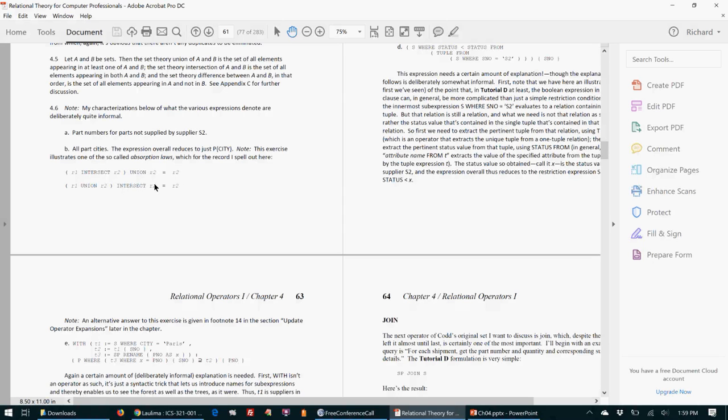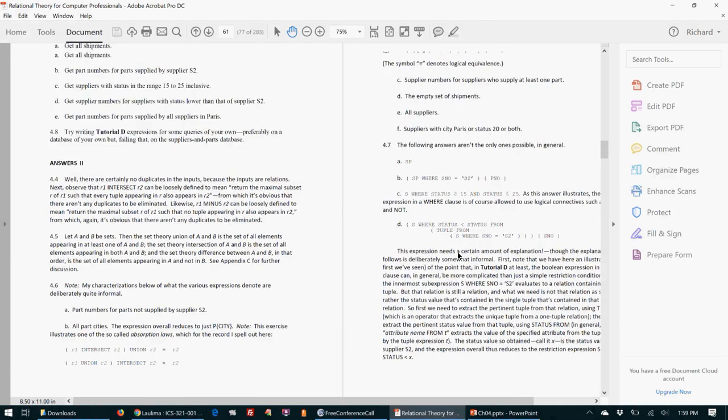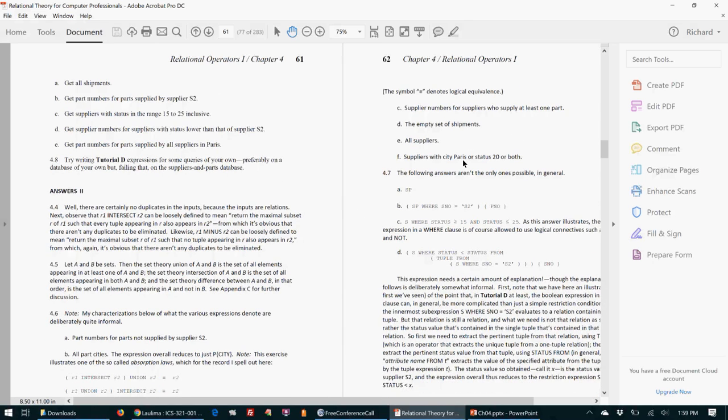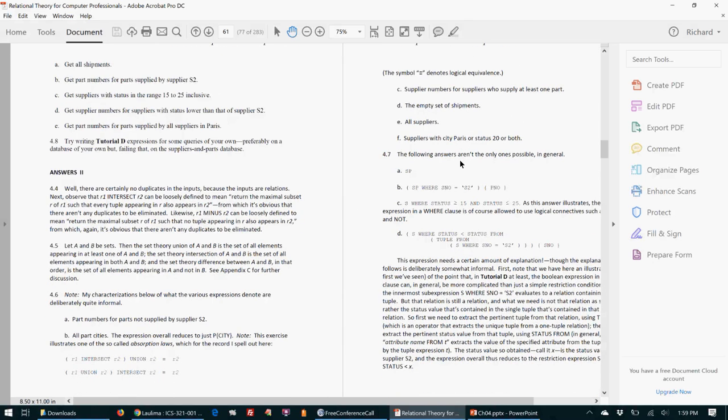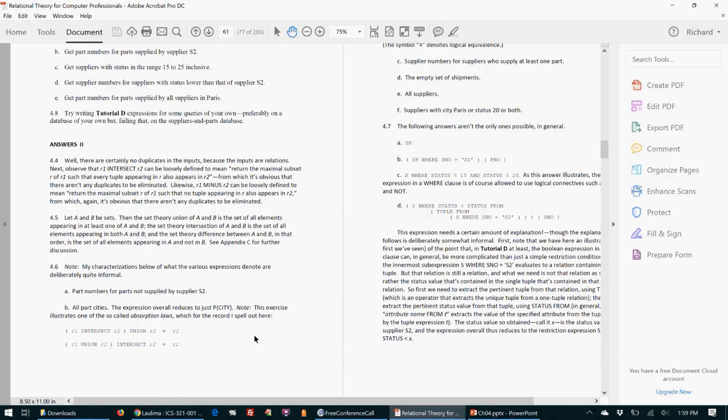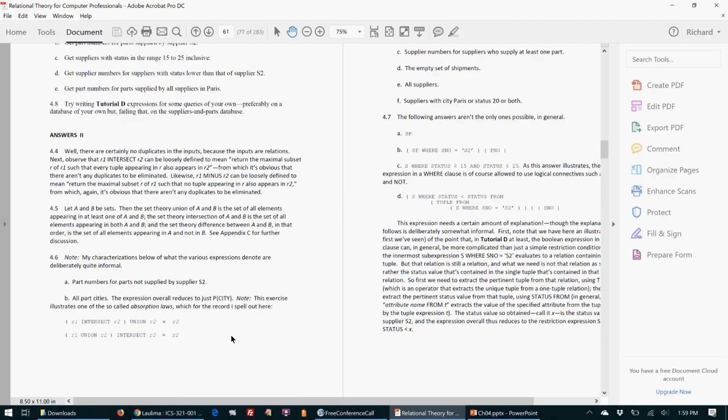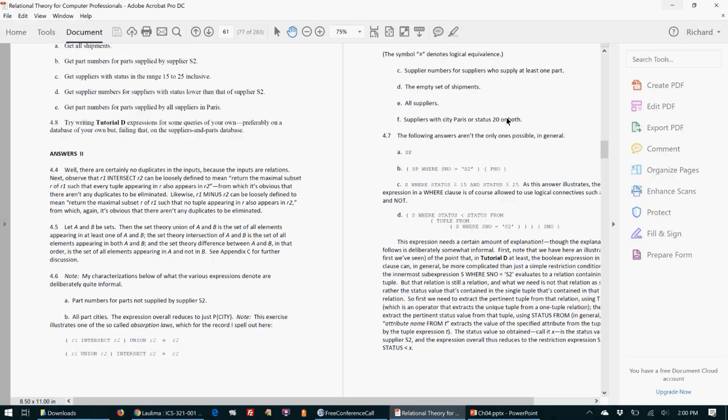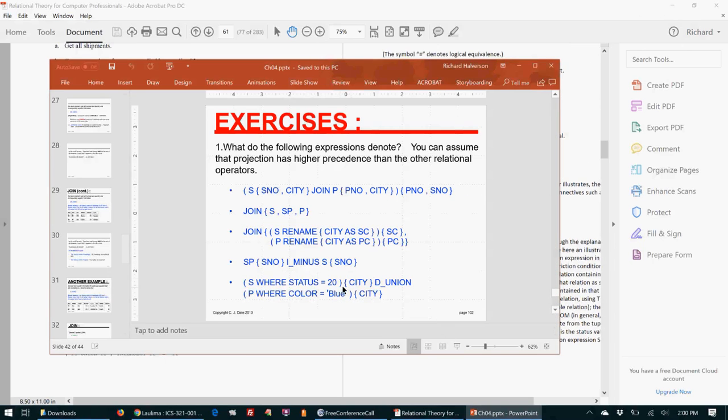Okay, well, I can't think of an example of how this is useful, but anyway, let's look at that last one here where we have a restriction.